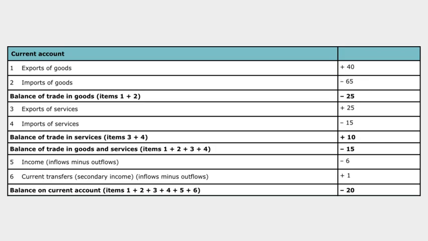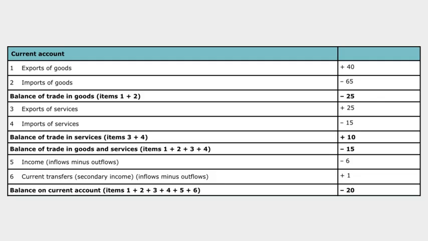However, given the fact that there are imports, the imports unit here is minus 65. There's a deficit of the balance of trade in goods overall, because positive 40 and minus 65 amount to minus 25. So there's a deficit overall because of the fact that we're importing a lot more than we're exporting, meaning that there's a lot more money coming out of the domestic economy than is coming in.